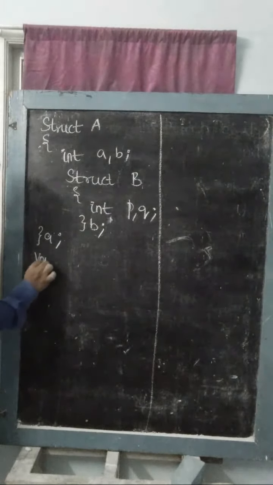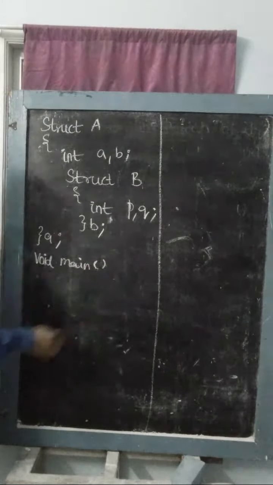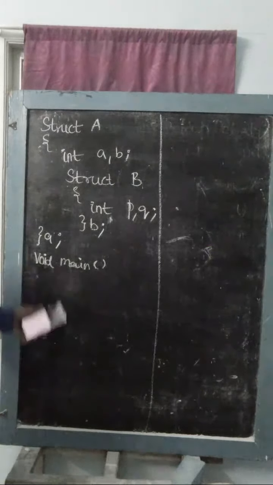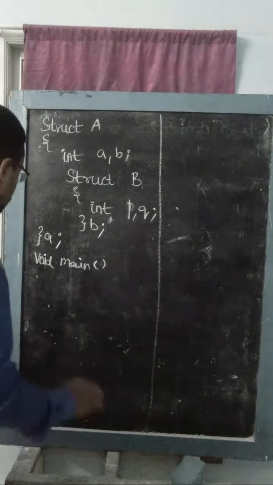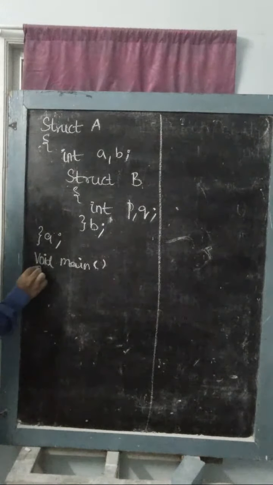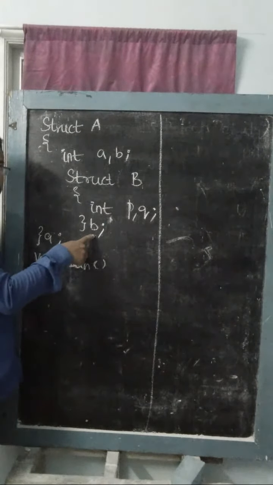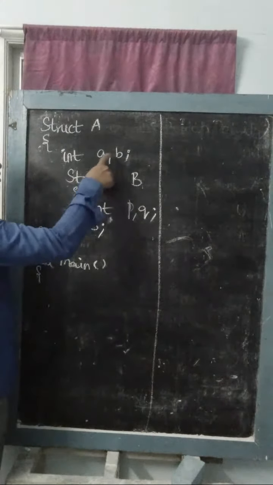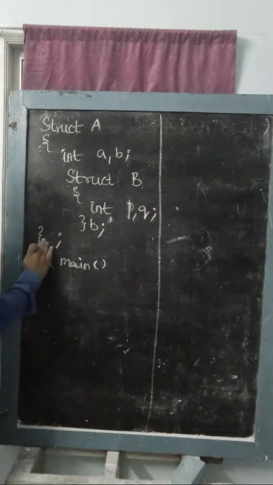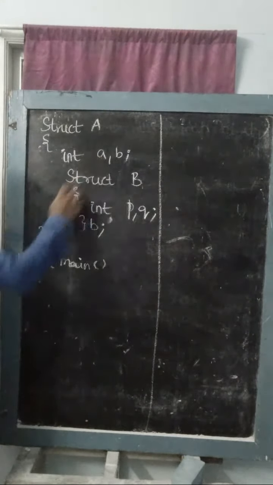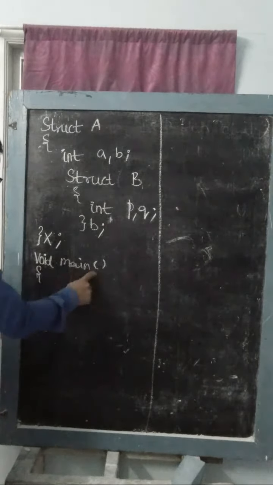Now void main. It is a small program. There is no meaning for this program. I am just explaining the concept alone. First, I created the structure. I created an object for the structure B, and I created the structure. I am using X for the object because A is already used.